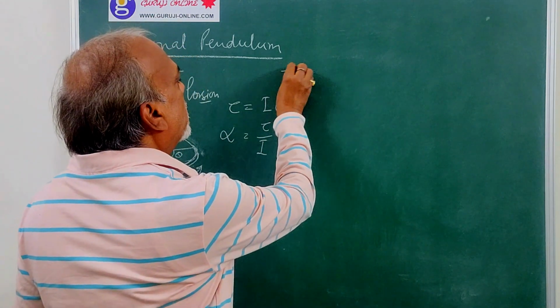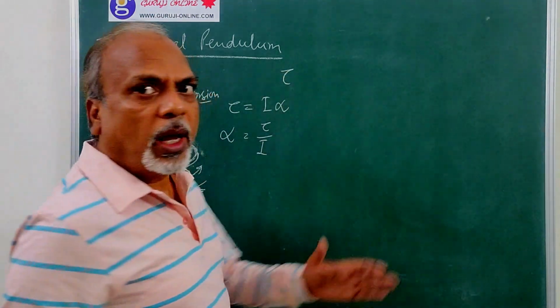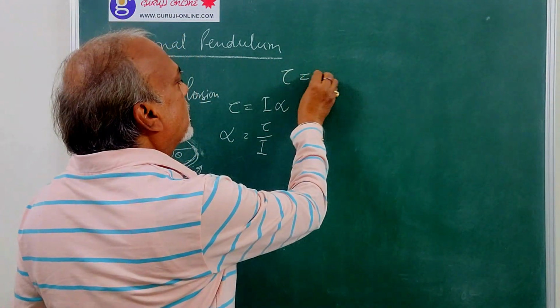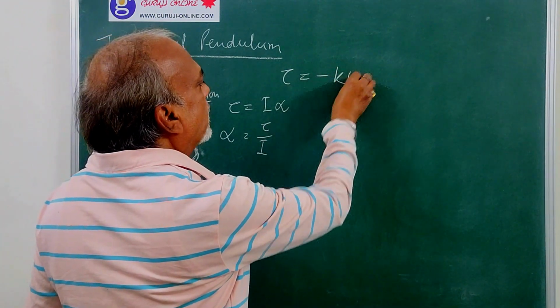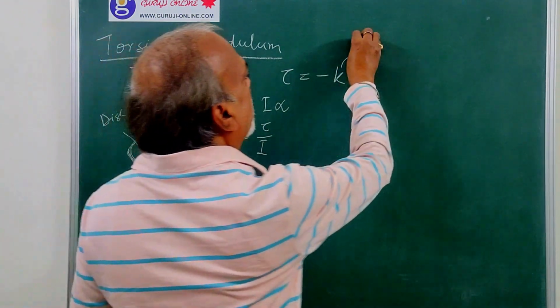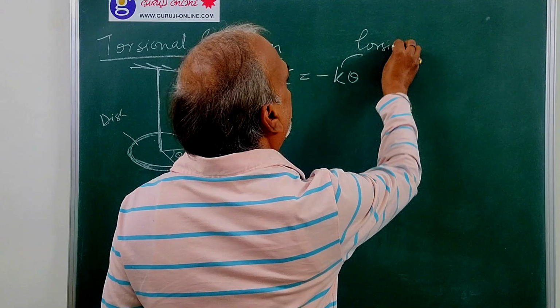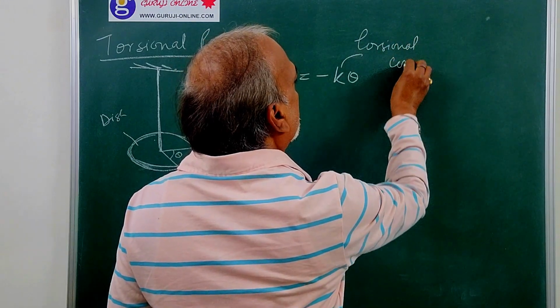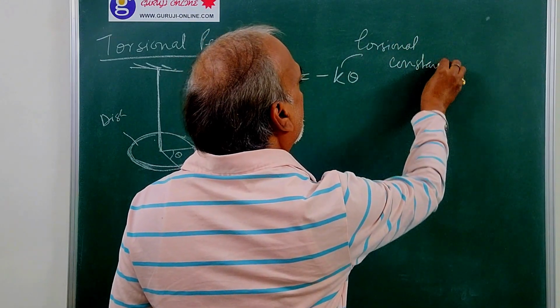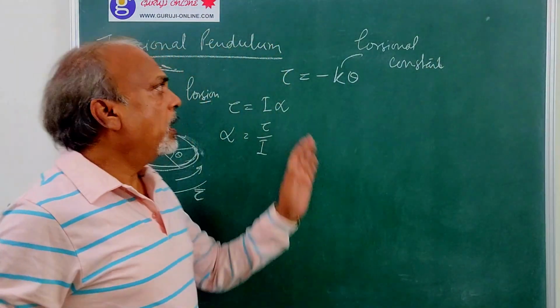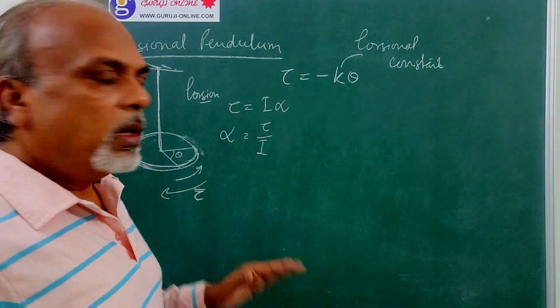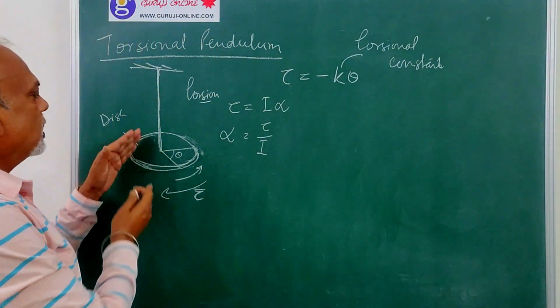And this restoring torque is proportional to angular displacement, such that tau is minus k theta. K is called the torsional constant. It depends on the material rigidity of the disc and the rod.